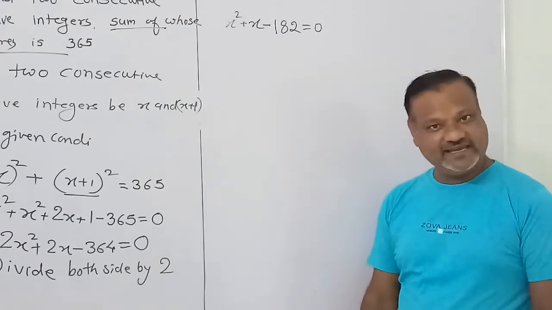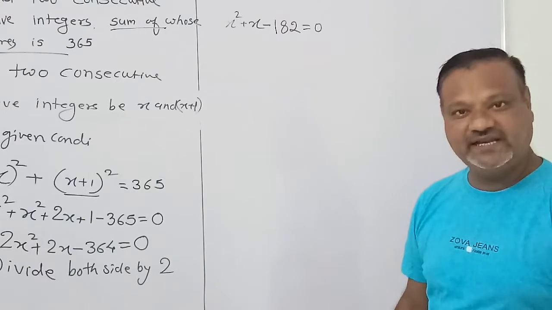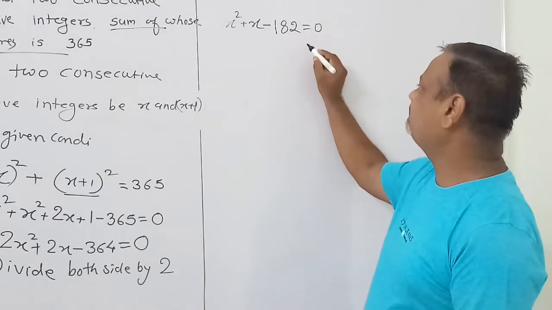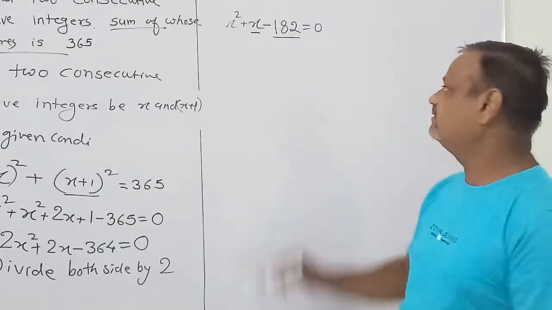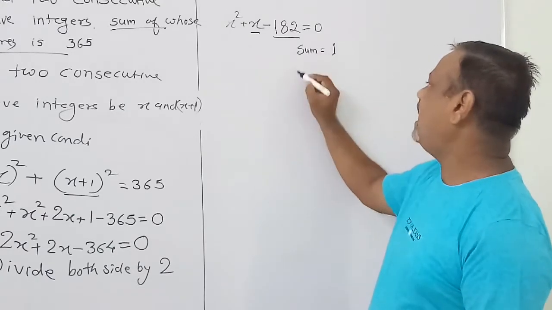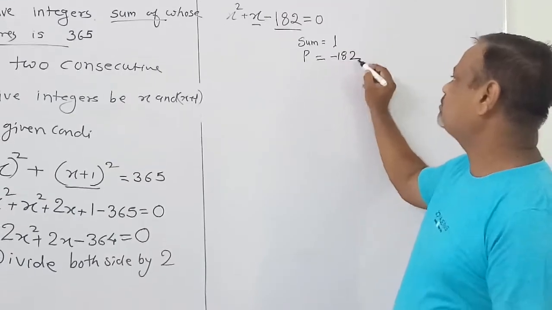This is our quadratic equation, and we solve it by splitting the middle term. So we find the factors of 182 whose sum is 1 and product is minus 182.